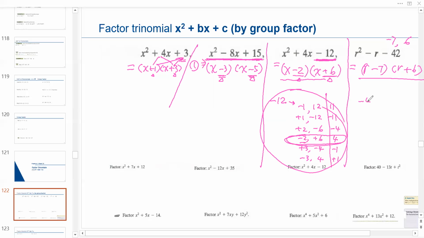Right? So let's see here, -12, how to factor? You can give -1, 42, or +1, 42, -42, and -2, 21, +2, -21, +3, there's a lot of them, right? 14, -14, -3, +14, +6, 7, -7, -6, +7.